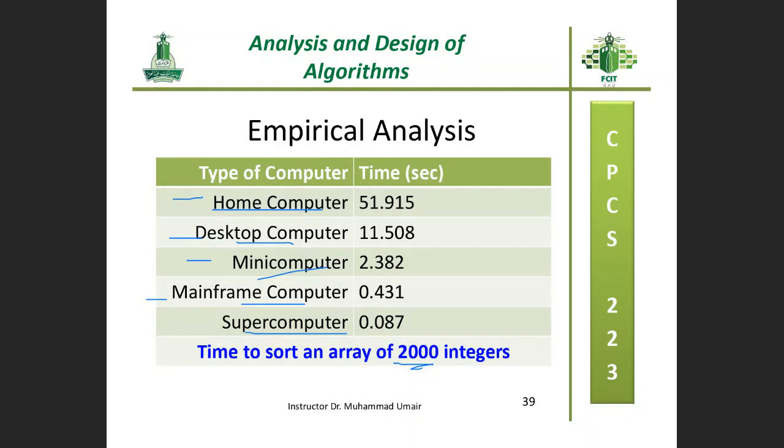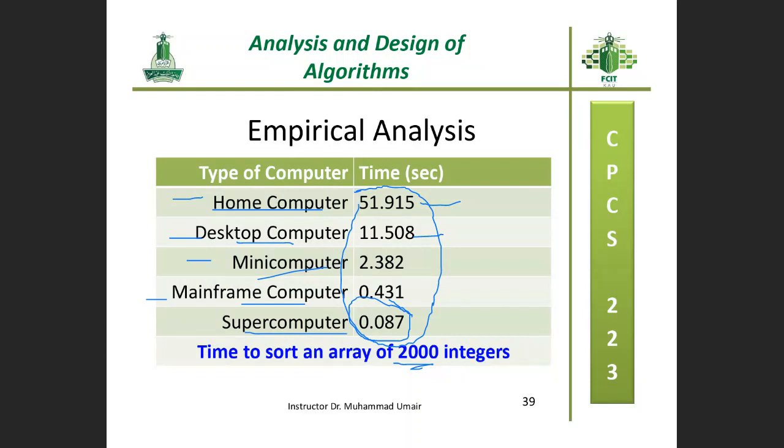You can see the difference in time. Even though the algorithm is the same, it takes more time on a home computer as compared to a desktop, and the best result comes on a supercomputer, in which the 2000 integer values are sorted in 0.087.